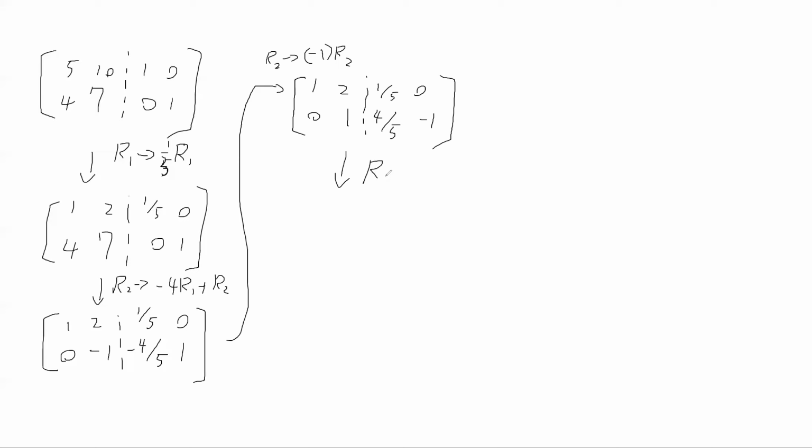So row 1 is going to be -2 row 2 plus row 1. Here we go. 1, 0, 1, 4/5, -1. All right. Now this is still 1 because 0 multiplied by -2 is still 0, and add 1 is still 0. All right, so that's a 2. So -2 times that, that's -8/5 plus 1/5, that's -7/5. -2 times -1, that's a 2 plus 0, that gives you a 2.